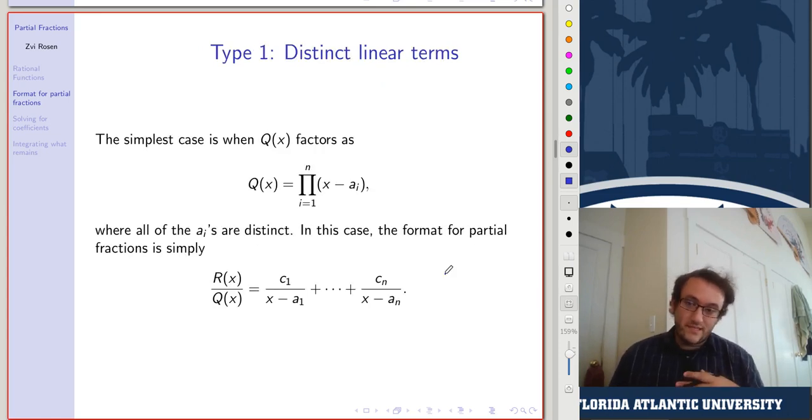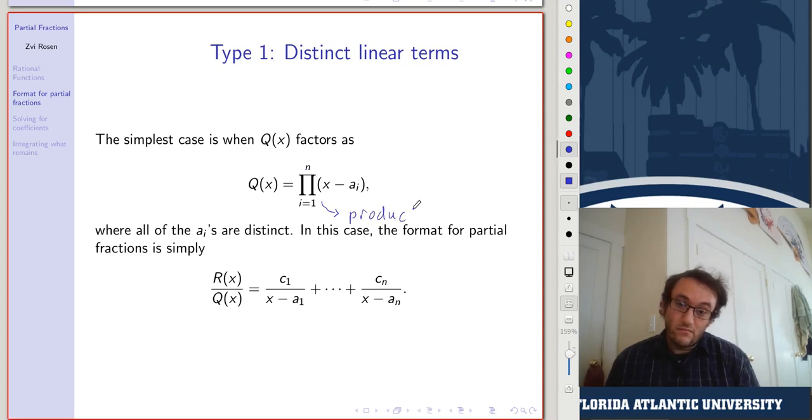Okay, so let's take it a step at a time. Simplest type is when q of x factors as the product. This symbol just means product. The product of x minus ai, where all of the ai's are distinct. Okay? In this case, the format for partial fractions is simply r of x over q of x equals c1 divided by x minus a1, where this term is a linear factor of q.